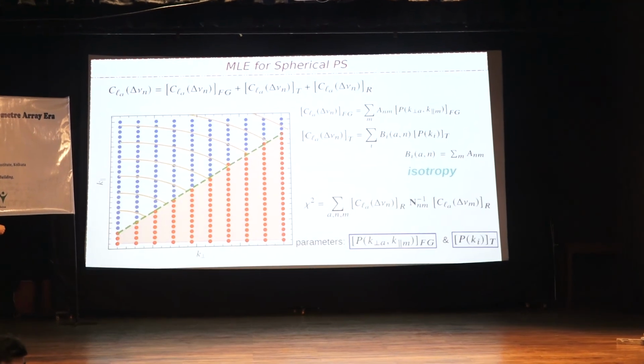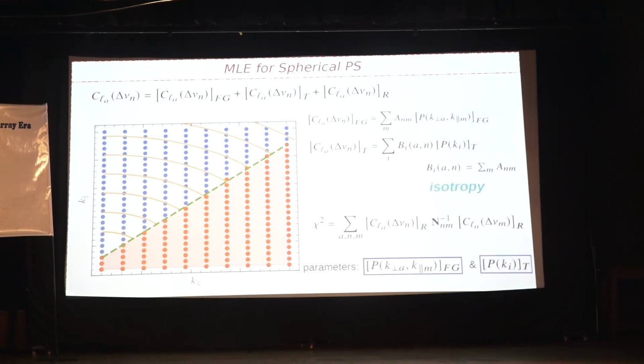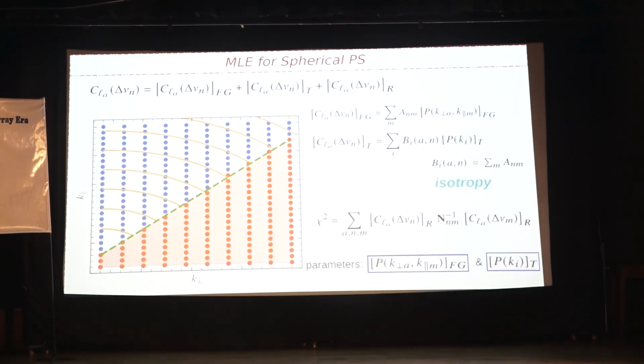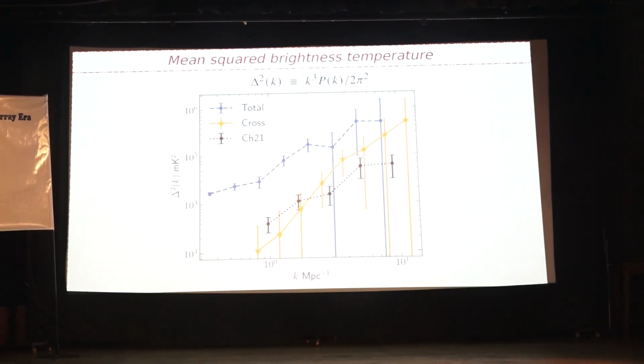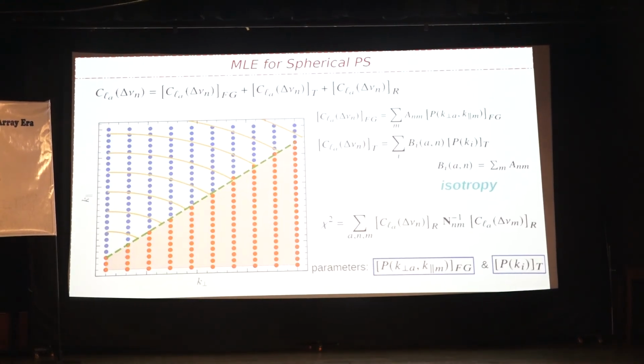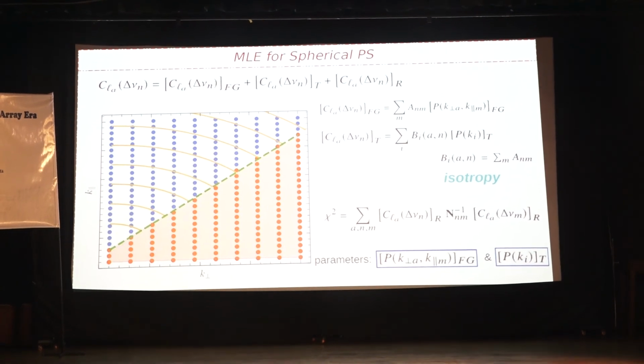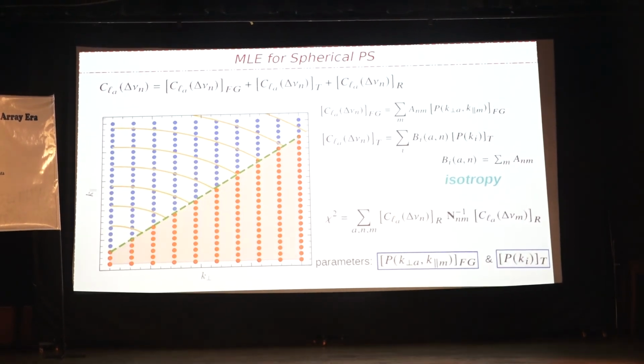This particular approach, where we use the isotropy of the signal, has not been used in the previous study. In that work, we averaged these beams. We took all the Fourier modes and averaged the power in the beam.